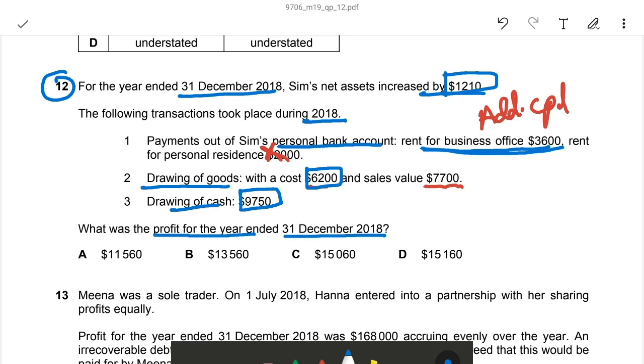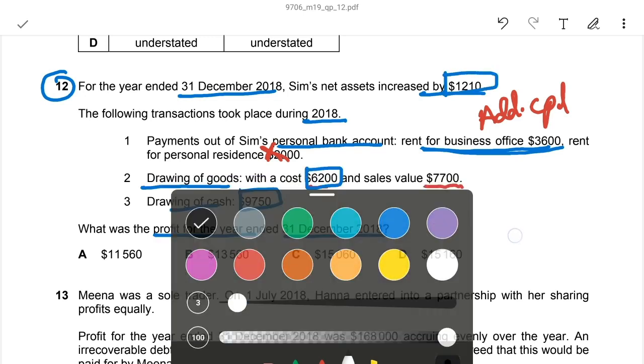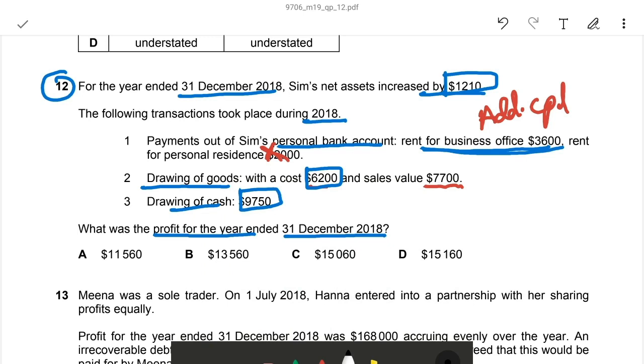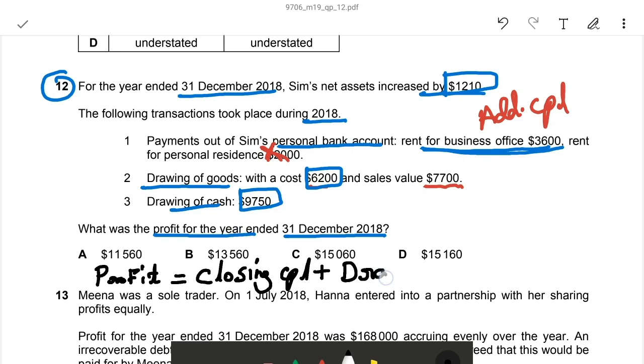What is the equation to calculate the profit? Profit is equal to closing capital plus drawing minus additional capital.